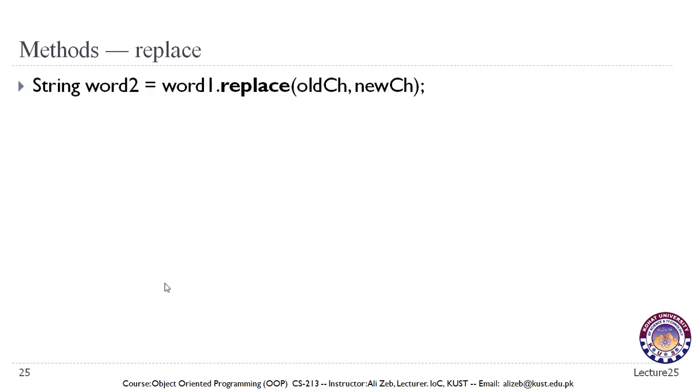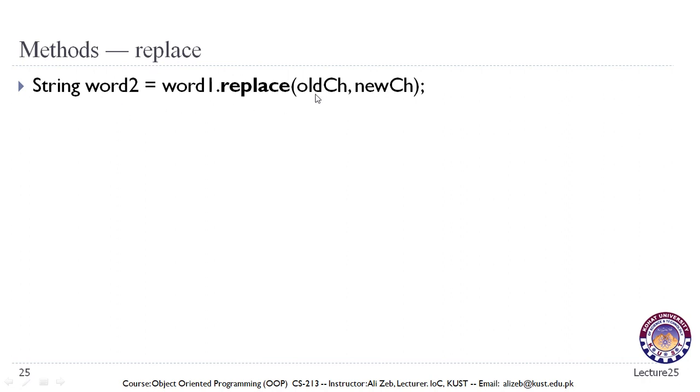We have a replace method that replaces one character with another character in a given string. So you have a string word1 and you want to replace one character with another character in that string and store that string in another string word2.